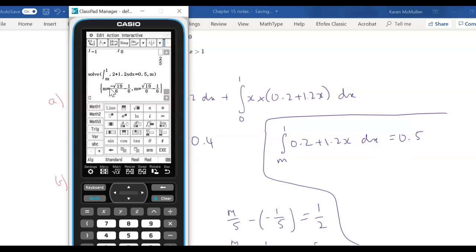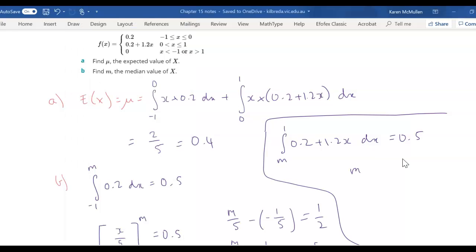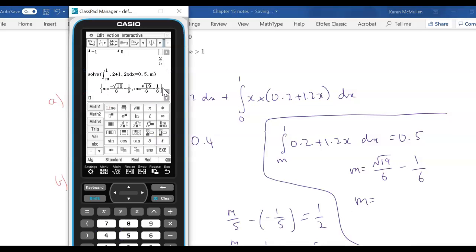So it's got to be the second solution. So square root of 19 on 6 minus 1 on 6. And if we wanted to do that in decimals, 0.598.